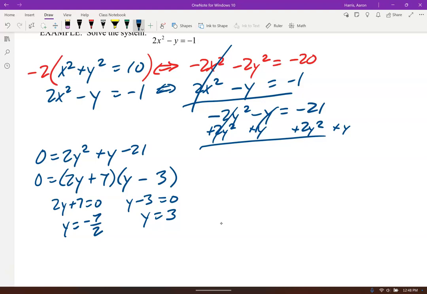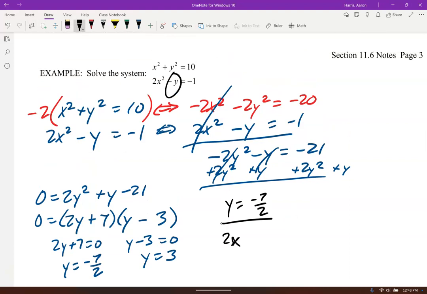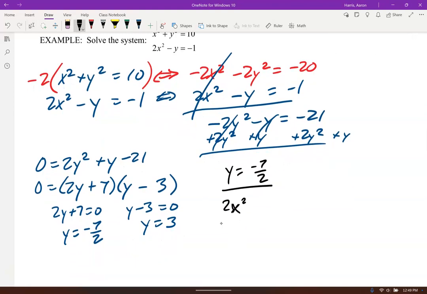Okay. So we need to check both of those. So let's start with y being -7/2. If y is -7/2, let's plug it into 2x squared minus y. I'm going to put it into the more restricting one. This one only has a y. This one has a y squared. So the y squared one will pop out 2 answers. The y will only pop out 1 answer. So I'm going to pick the one with just a y. 2x squared minus y equals -1. I'm going to plug that in. So 2x squared plus 7/2 equals -1.